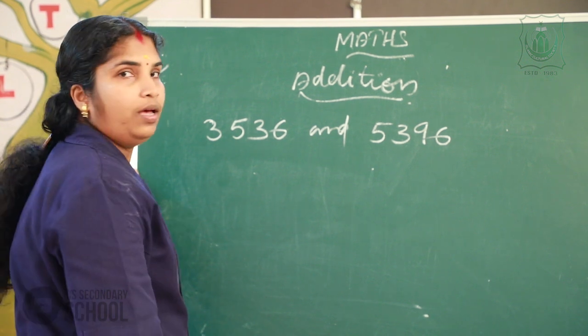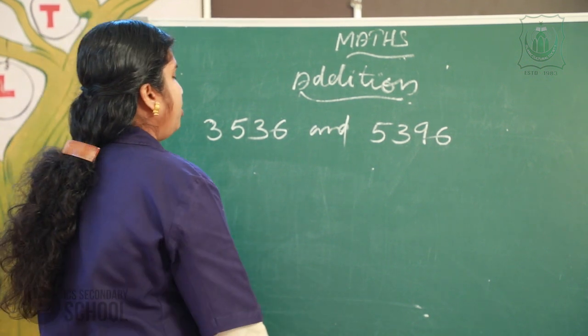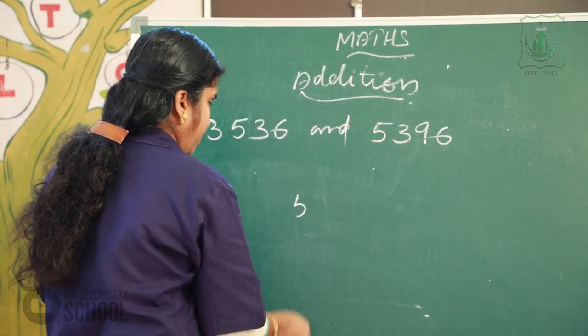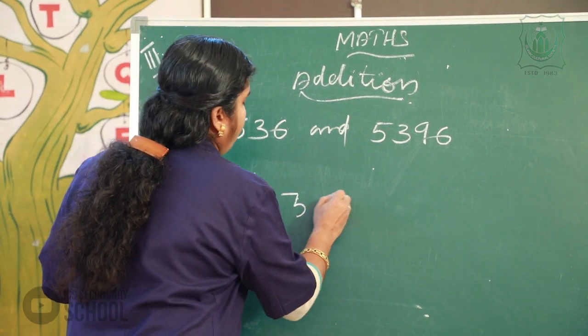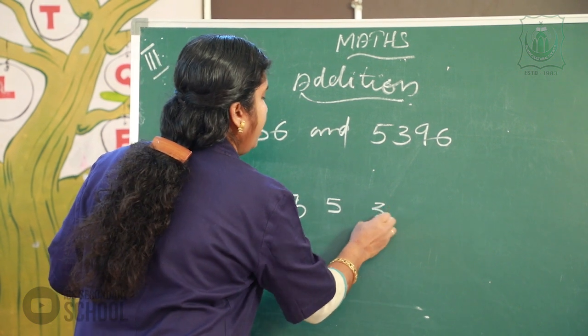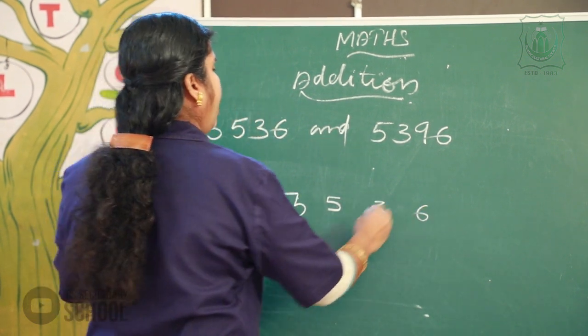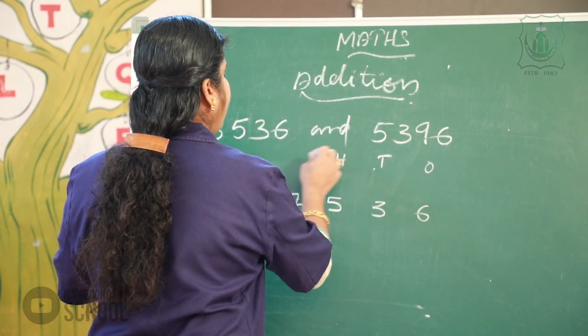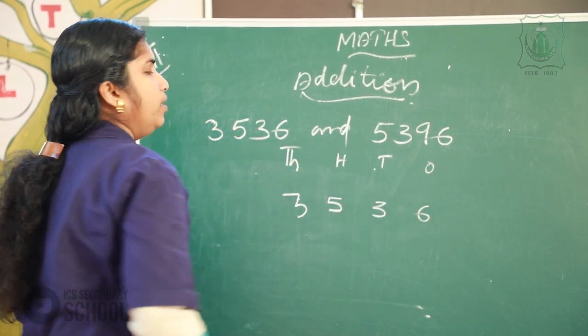Please listen to arrange the columns. 3, 5, 3, 6: ones place, tens place, hundreds place, thousands place.